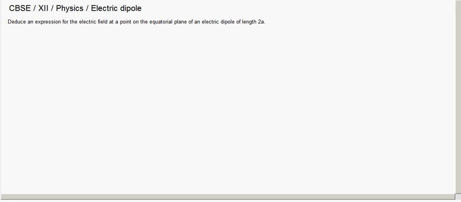We know what a dipole is: a pair of charges with opposite sign.